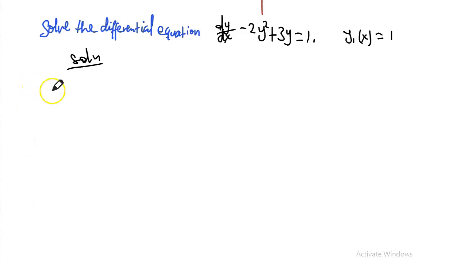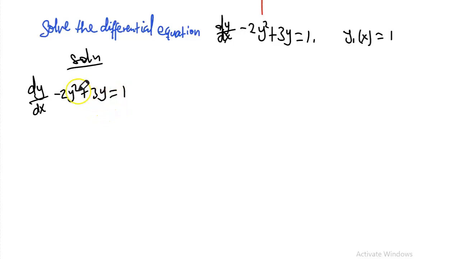First of all, what we have in this case is dy/dx minus 2y squared plus 3y, and this is equal to 1.